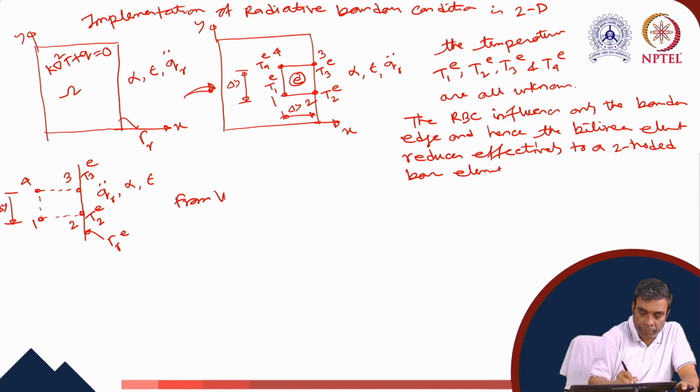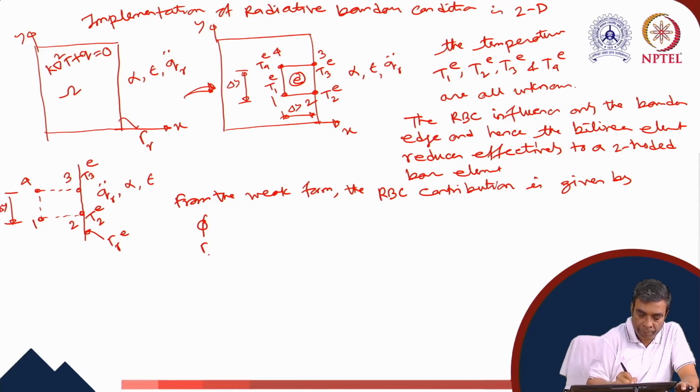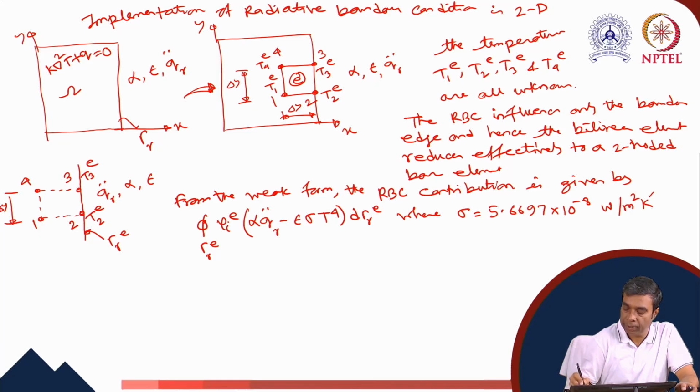From the weak form, the RBC contribution is given by boundary integral over gamma RE psi IE into alpha QR double dot minus epsilon sigma into T to the power 4 d gamma RE, where sigma equals to a constant 5.6697 into 10 to the power minus 8 watt per meter square Kelvin to the power 4.